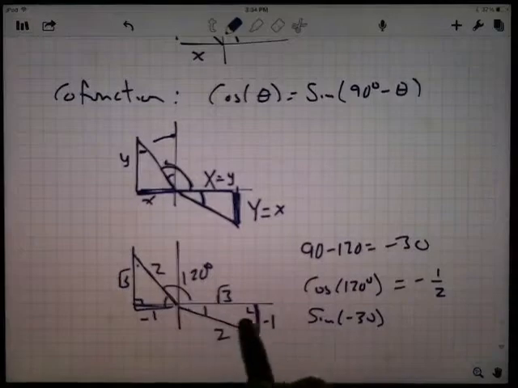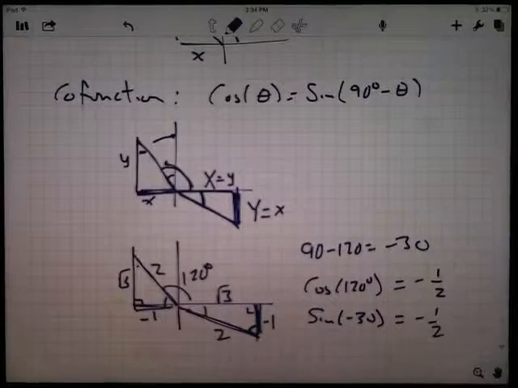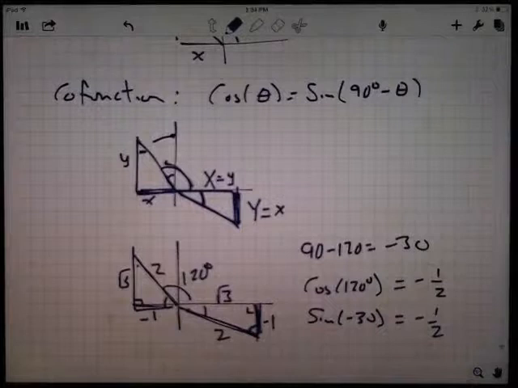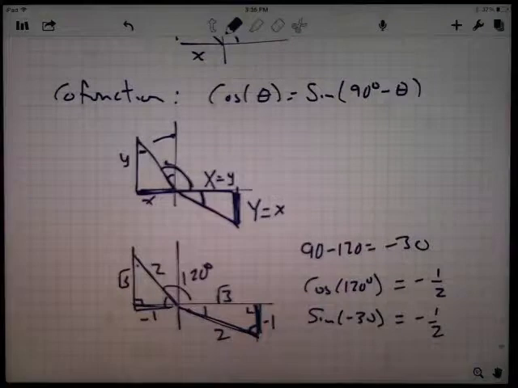Remember, I have to put it in standard position. So the y coordinate over r is negative 1 over 2. They're equal to each other. It doesn't matter that we're using bigger angles now, or maybe even negative angles. The trig identities that we saw before, those basic identities, are still true.